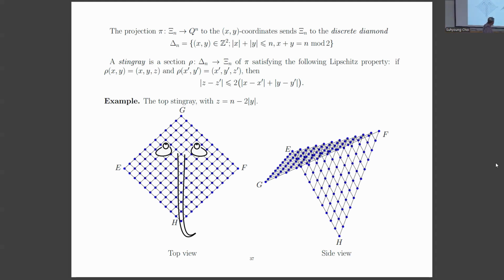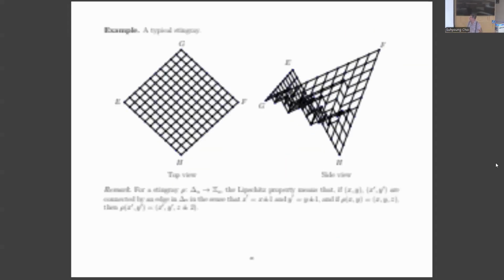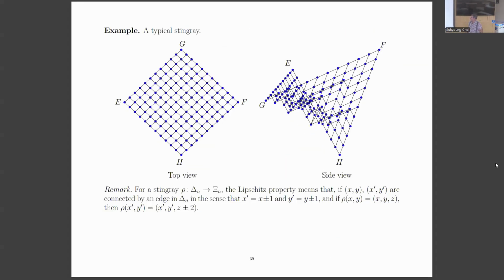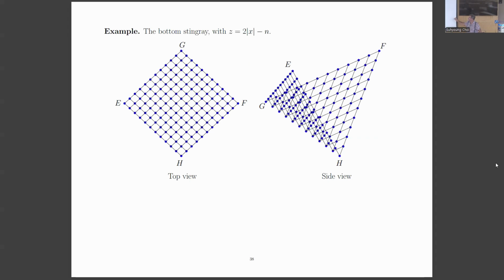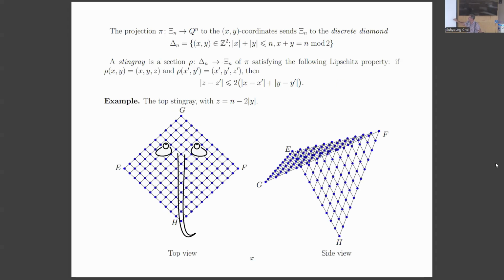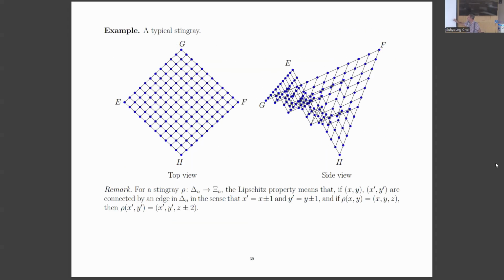Okay, so that's the top stingray, the bottom stingray, and then a typical stingray in between is going to look like this. It's going to interpolate between the bottom stingray and the top stingray. So it's somewhere in between, like this.